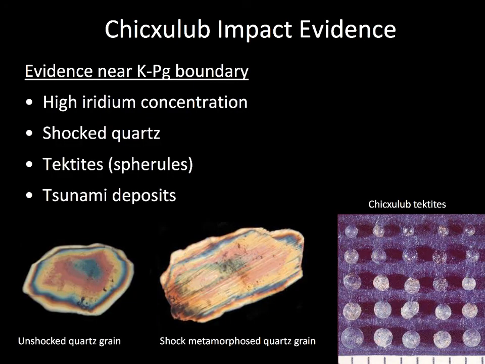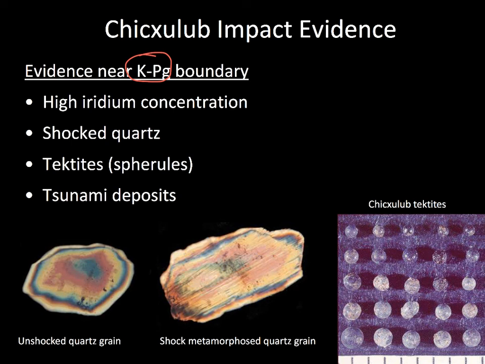Just as important as noting the location of the asteroid impact is noting the abundance of evidence around the world that this occurred. These pieces of evidence are found in what's called the KT or KPG boundary. This is a layer of rock that falls right in between Cretaceous-aged rock and Tertiary-aged rock.